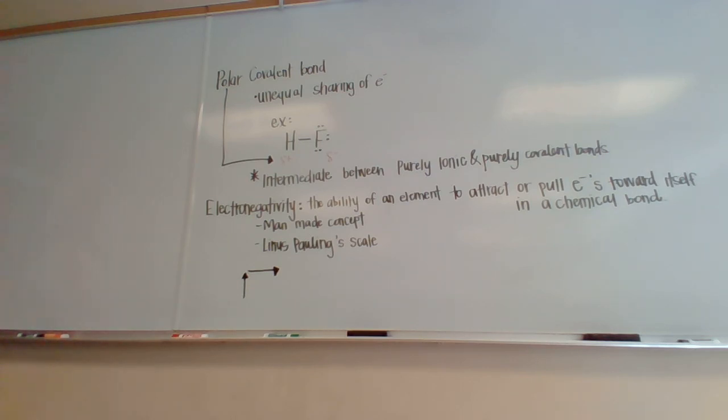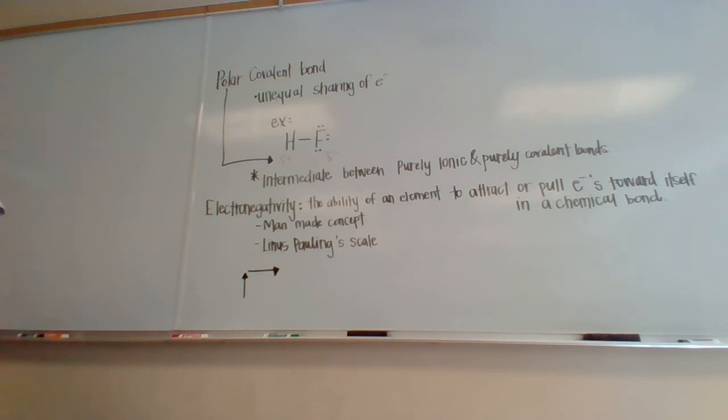That's easy to see here, but I also have it on the periodic table. You'll notice that for helium, neon, and argon there is no electronegativity value. That's because they're happy the way they are.